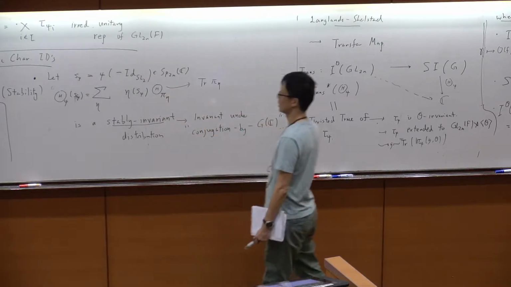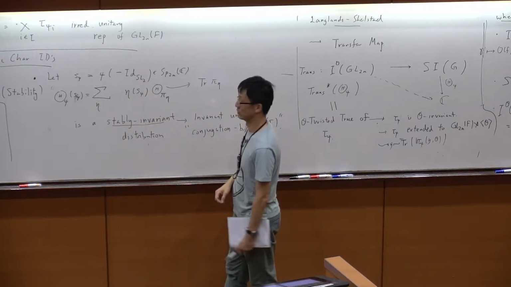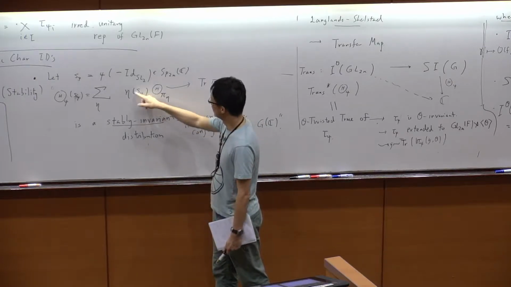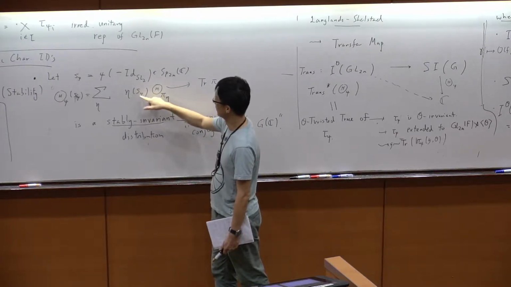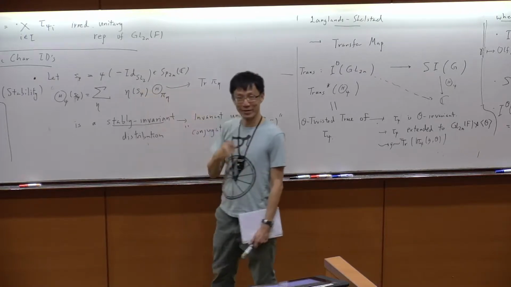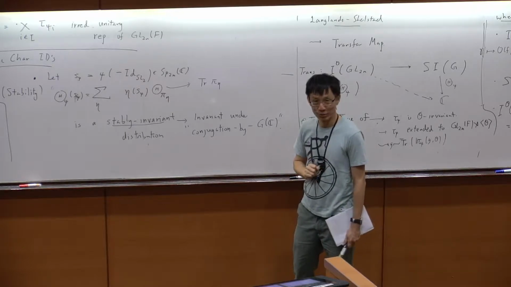How do you get others? After all, eta is ranging over characters of, in this case, an abelian group. So you just have to evaluate this eta at different elements of the component group. Then by Fourier inversion on a finite abelian group.